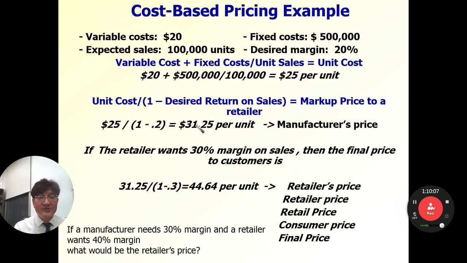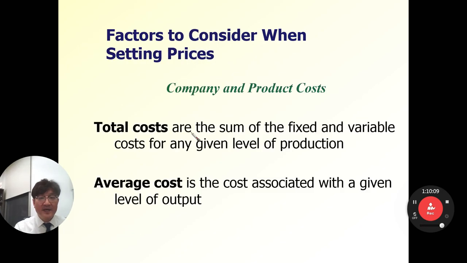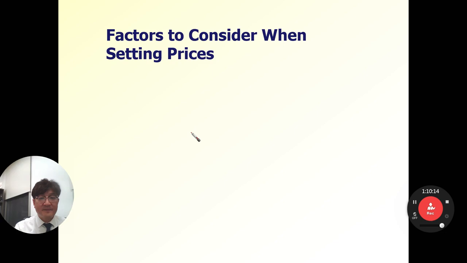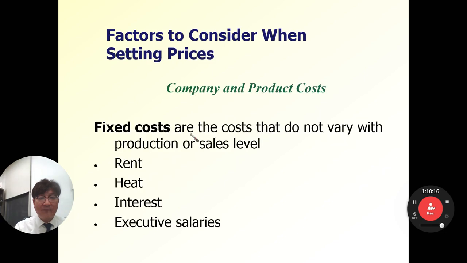As I showed you before, if you want to make more units based on the same fixed cost, then fixed cost per unit decreases, right?